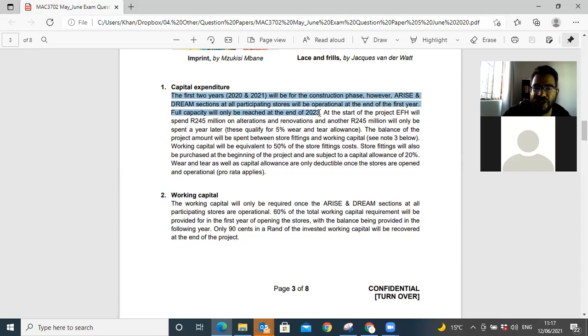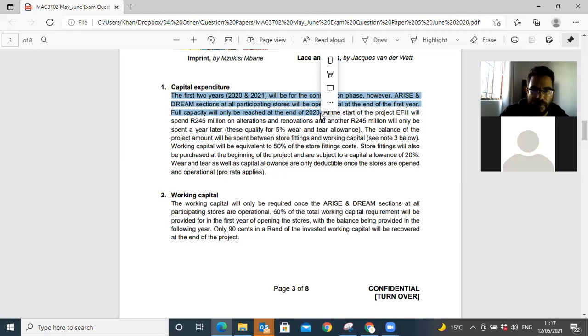They gave us this information also in the sales section. They say at the start of the project, EFH will spend 245 million on alterations and renovations, and another 245 will be spent a year later. So the first will be spent at the beginning of the project.